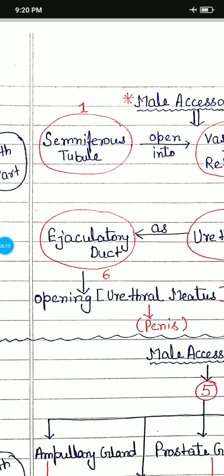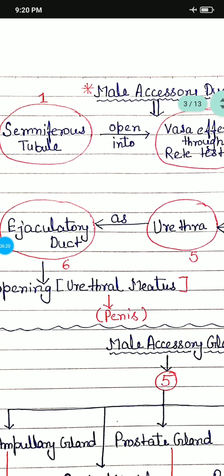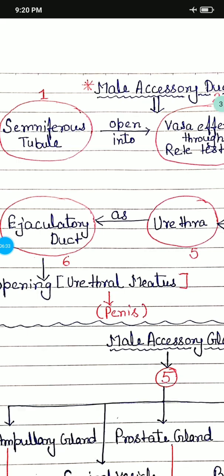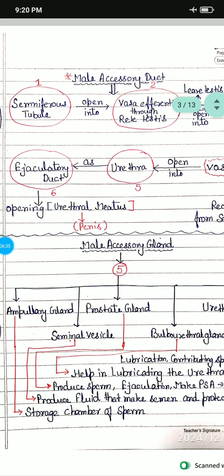This penis has an opening, called the urethral meatus. It is also covered by a fleshy skin, called the prepuce. So from here the male accessory duct is completed.